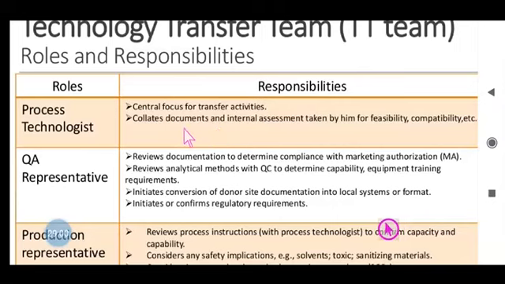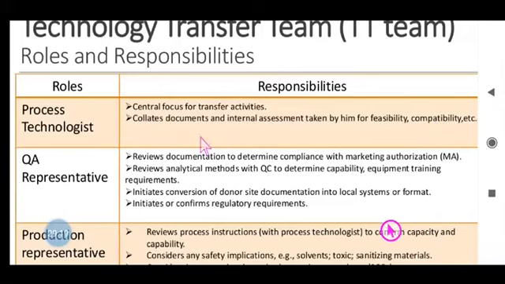Moreover, he is responsible for compiling the documents, and also the internal assessment taken by him for the feasibility and compatibility.